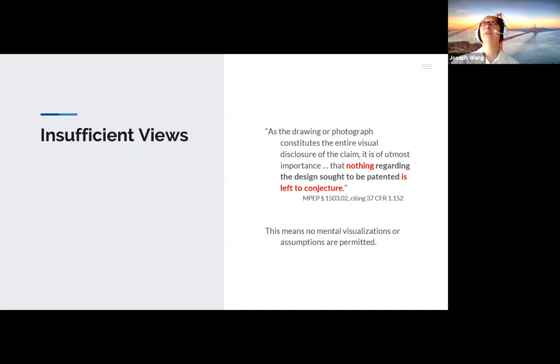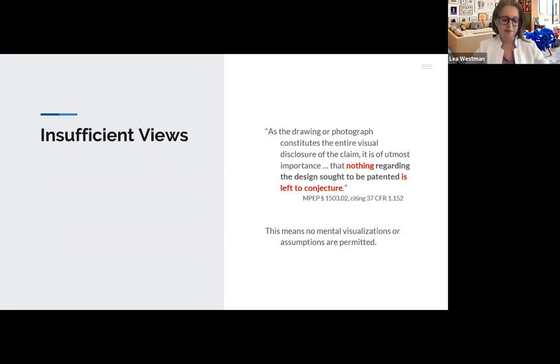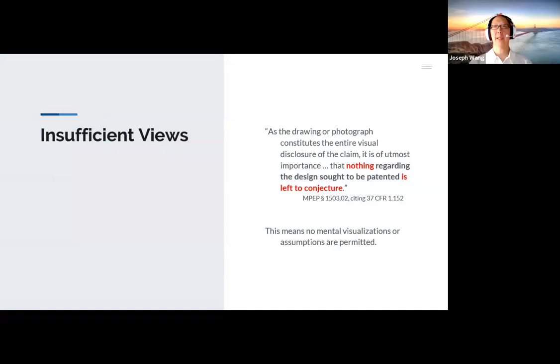Insufficient views is sort of like a cousin to the oversimplified drawings problem, right? Making drawings is not exactly in the central wheelhouse of many design practitioners. We often like to use external illustrators who have far better software tools and artistic skills than we have. But they charge, and there's a cost implication for the practitioner as well as for the client, and so there's often a temptation just to file the minimum drawings necessary to get some protection going.